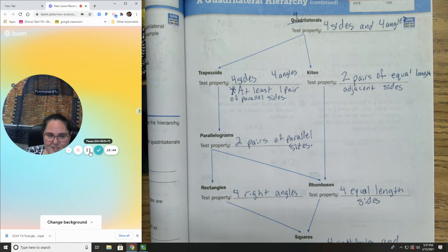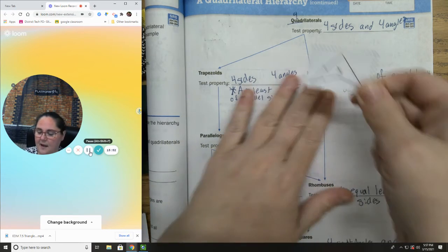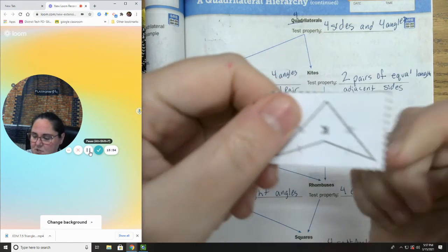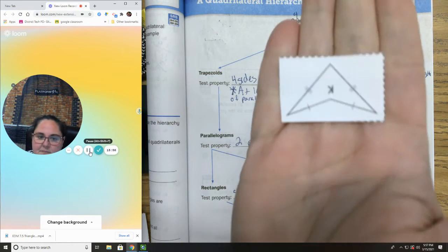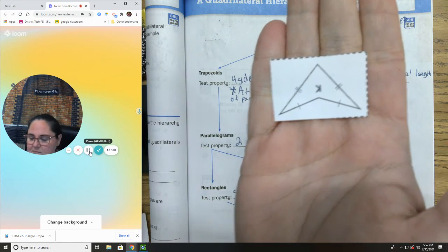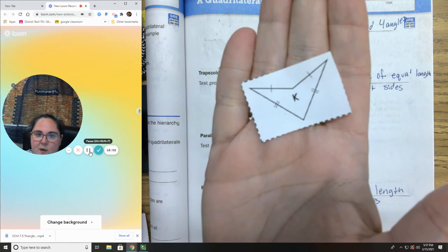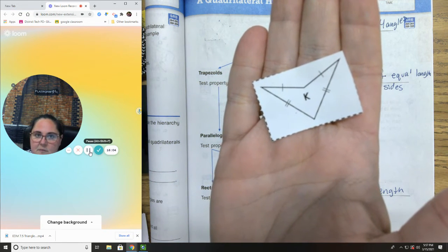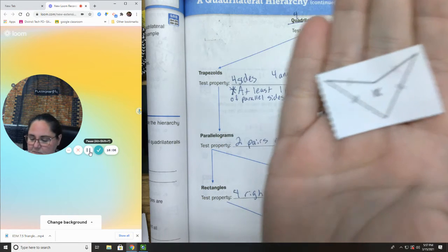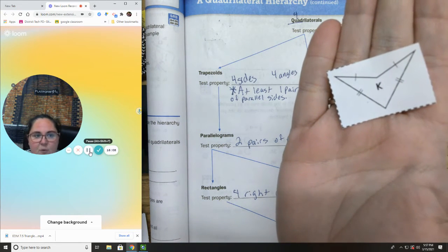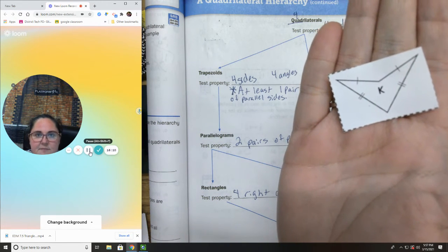All right, let's try one more. I want to see if we can figure one more out, and this one could be a little bit tricky. Fair warning. All right, here's my shape. Shape K. Does it have four sides and four angles? Yep. Does it have one set of parallel sides?